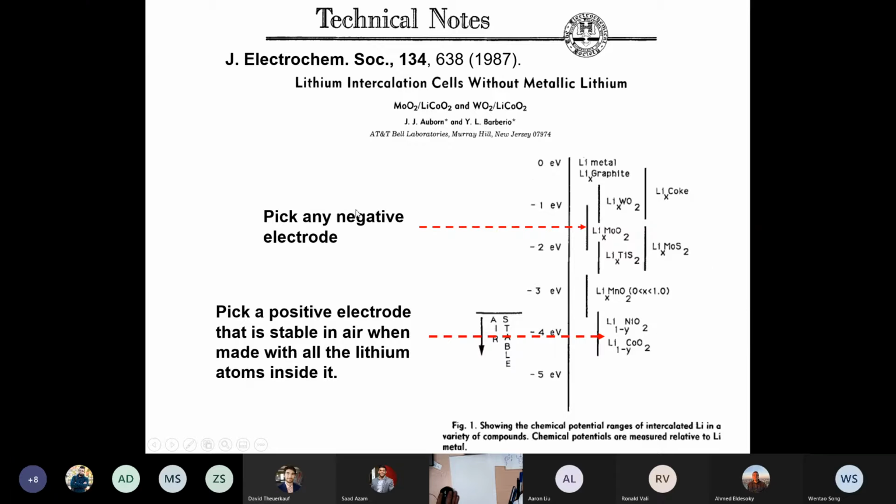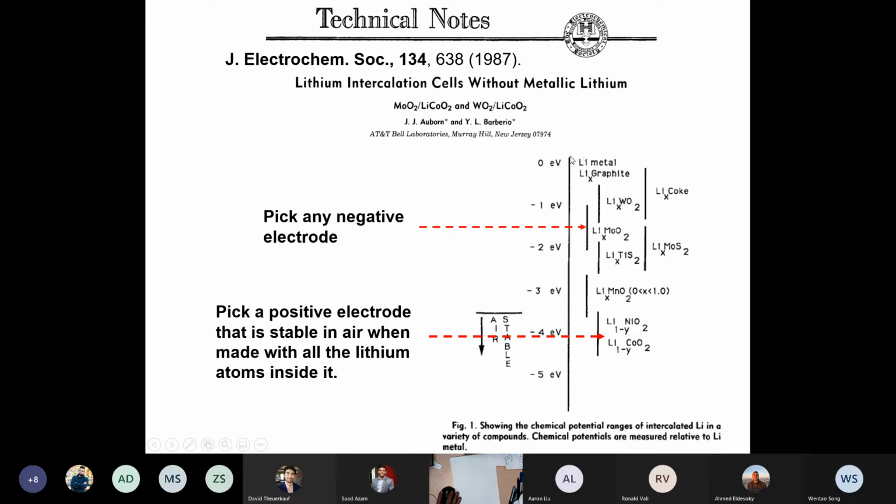So I want to talk today about graphites and negative electrode materials. So the idea is you have a positive electrode material, which is somewhere down here on the lithium binding energy scale. So NMC or NCA, lithium nickel oxide, lithium cobalt oxide, they're all down here.